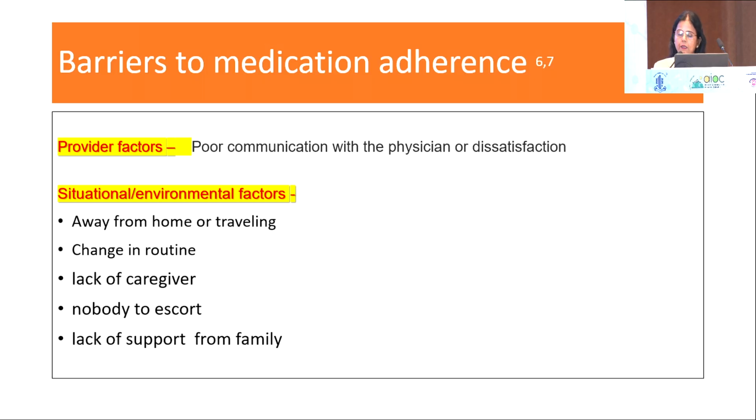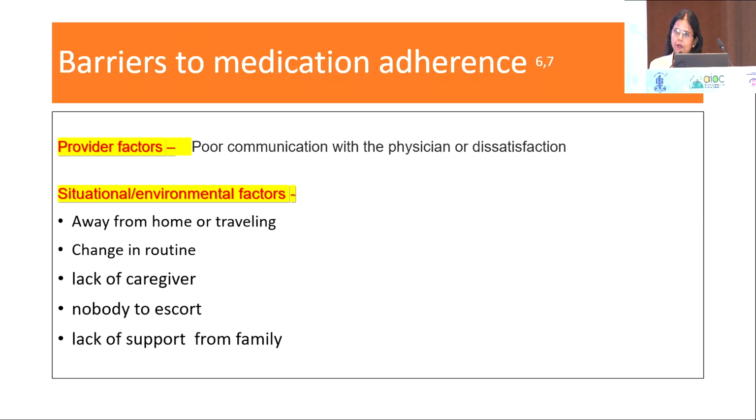Then there are provider factors also. There's poor communication between the physician and the patient because the disease has not been explained to the patient properly. The rationale of prescribing so many drugs has not been explained. So the patient is not satisfied about why he should use all these drops when he's not getting any benefit from putting them. There are environmental factors also for poor adherence, like the patient has a traveling job or is away from home, not able to carry the medication, or there's a change in his routine.